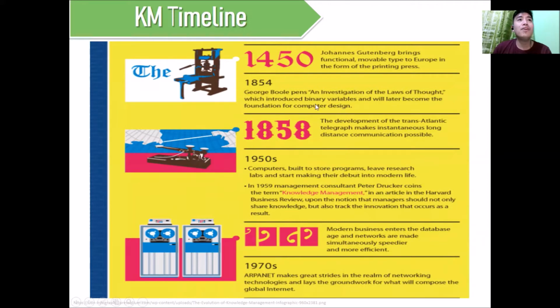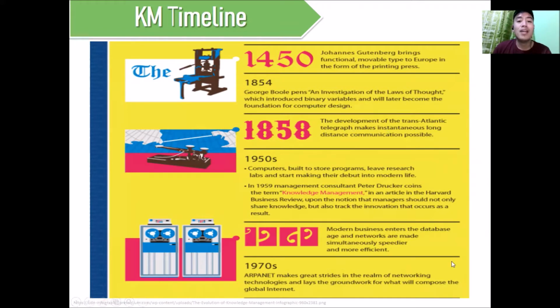In 1854, George Boole pens An Investigation of the Laws of Thought, which introduced binary variables and later became the foundation for computer design. Remember the binary 1, 0. That's where computer design started. In 1858, the development of the transatlantic telegraph makes instantaneous long-distance communication possible.